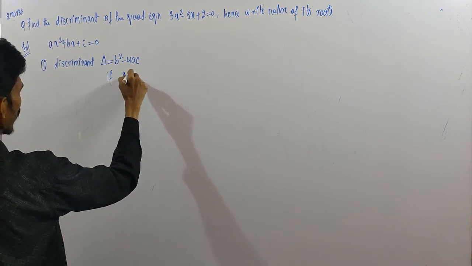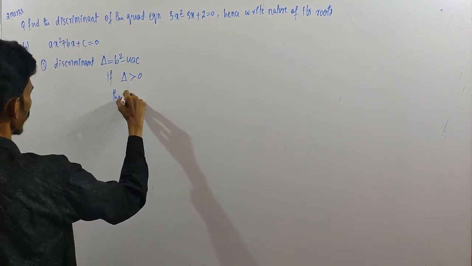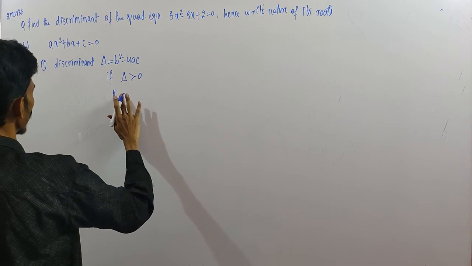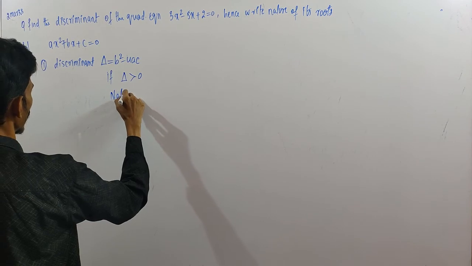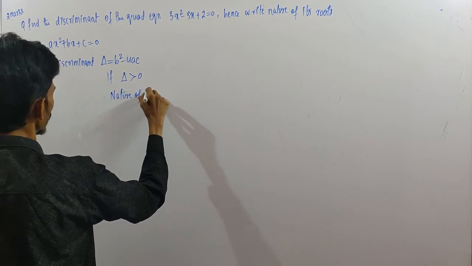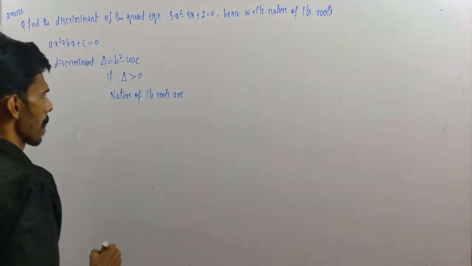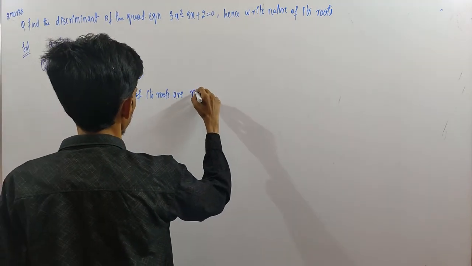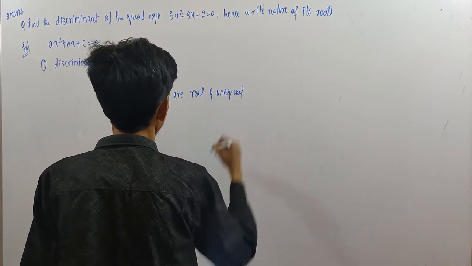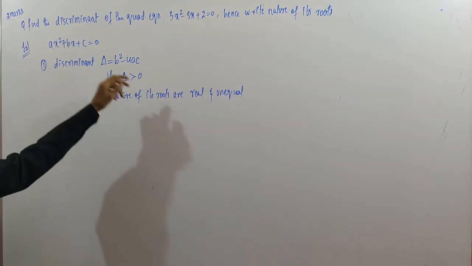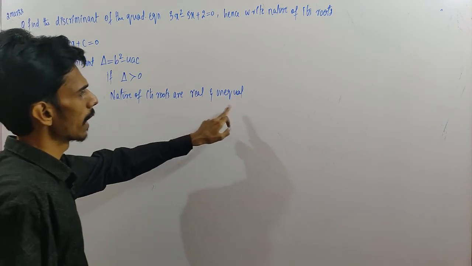If discriminant is greater than 0, that is positive, then the nature of its roots are real and unequal. It has two roots. Power of x is 2, so it has two roots and those two roots are real and unequal.